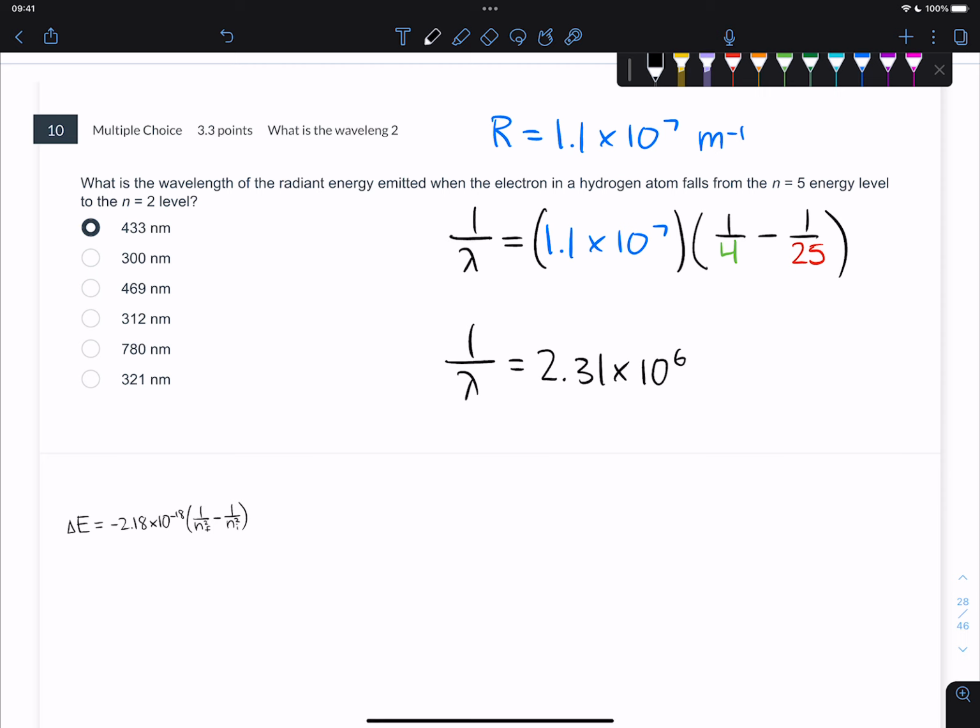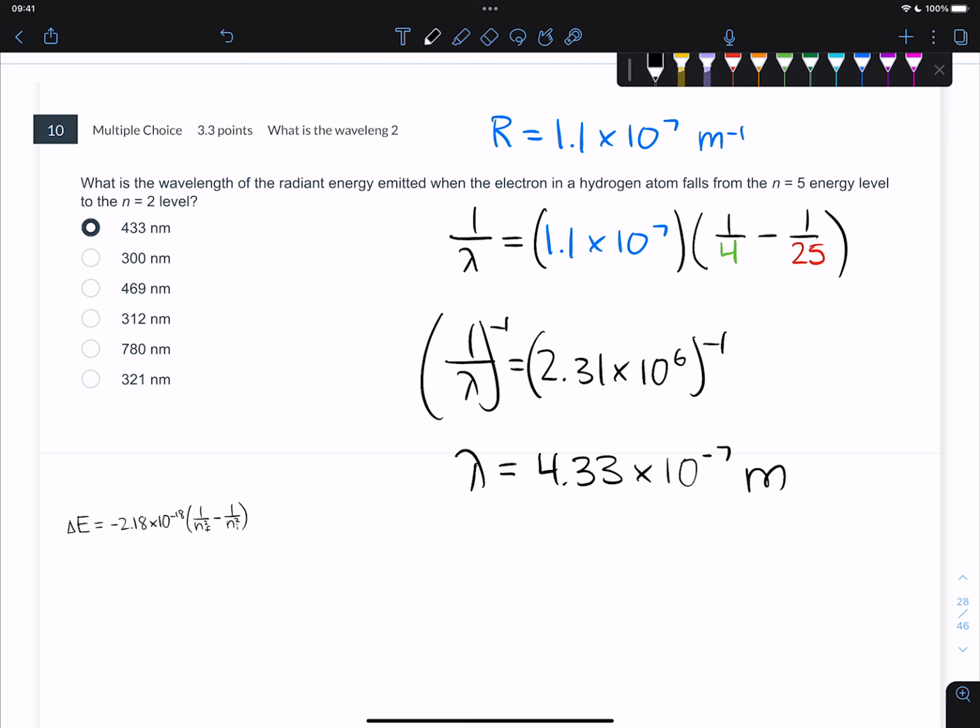And this is actually not your final answer because you still have to invert this. And then once you invert it, if you invert both sides, then you'll get the wavelength is equal to 4.33 times 10 to the negative 7 meters.